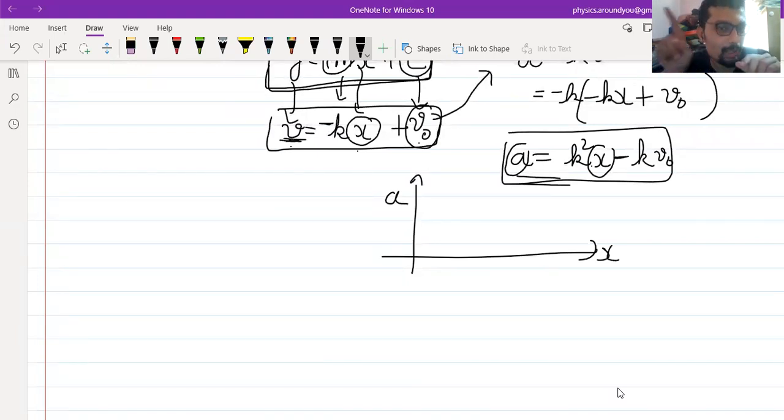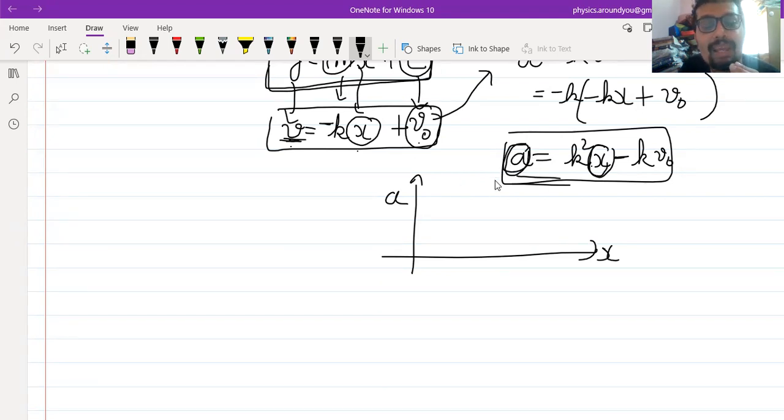So is this a parabola? Is this a straight line? Parabola, sir. Okay. Think carefully. Is it a parabola, a straight line, or some weird curve which you don't know yet? It's a straight line, sir. You're right. At every position, the output is acceleration, right?